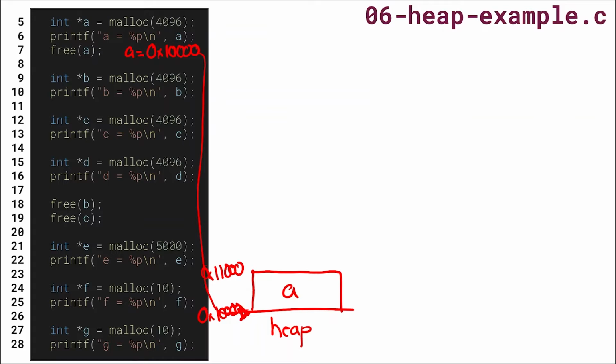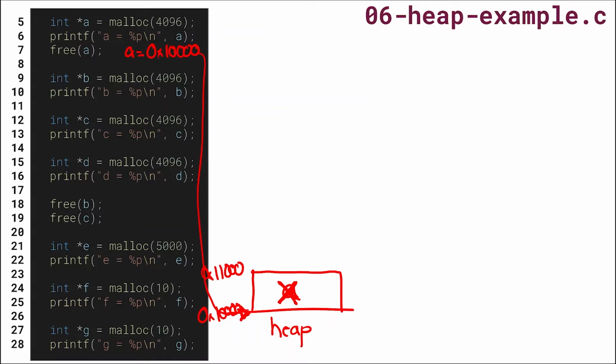And I'm immediately going to free A. So I'm just going to cross A out here. And for this first column, I'm not going to do anything with the fact that I freed the memory from A. I'm just going to mark it as freed and move on with my life.